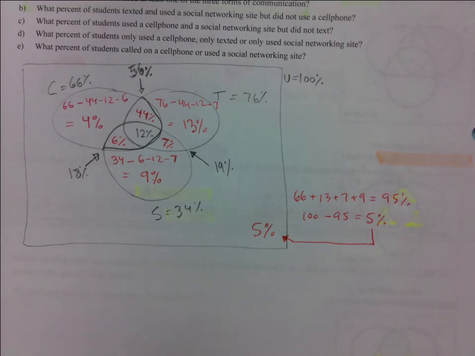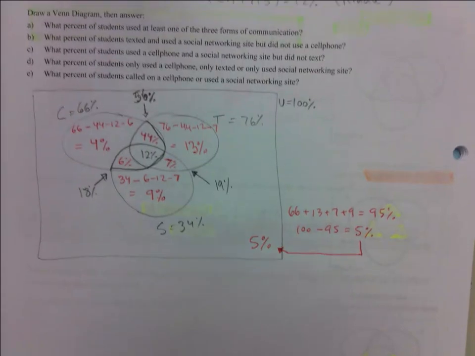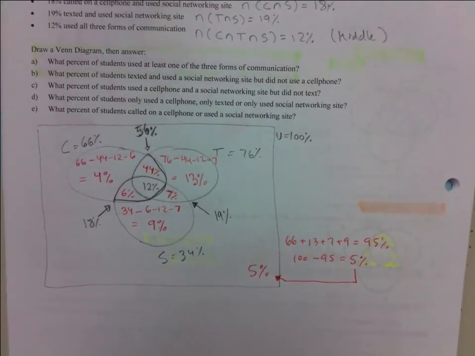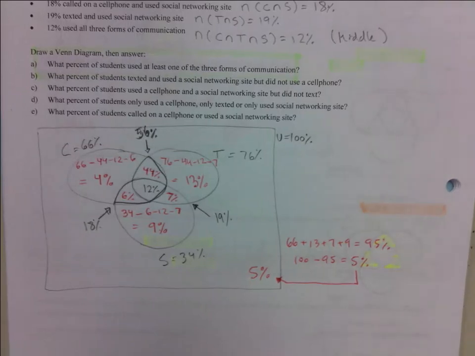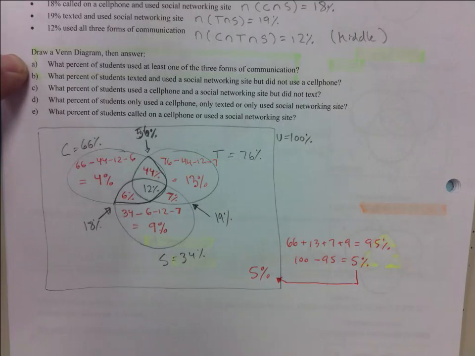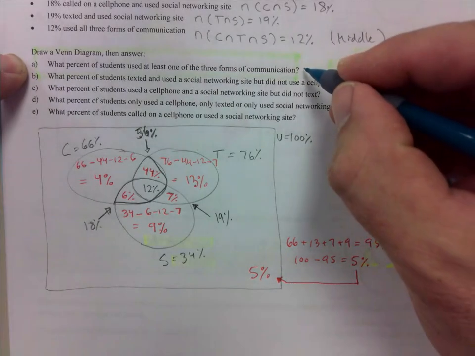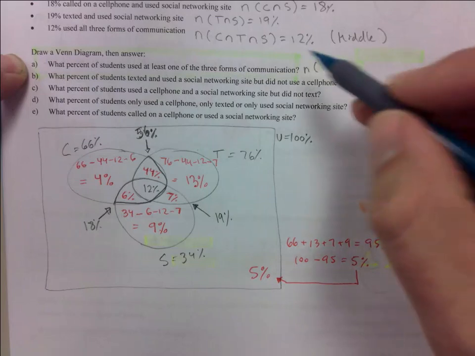Okay. Now let's answer based on what the Venn diagram looks like for us. So I will base my marking on your Venn diagram. Okay. So you've got to be consistent. A, what percent of students use at least one of the three forms of communication? This is asking for the union of all.